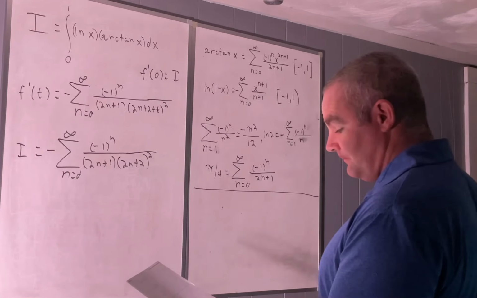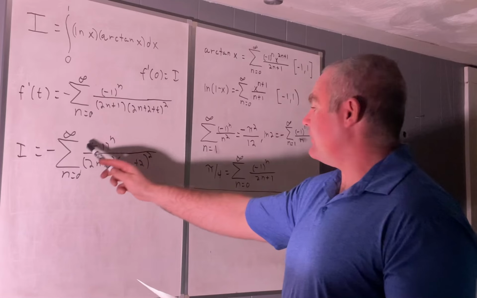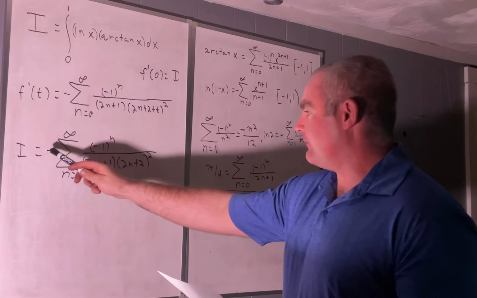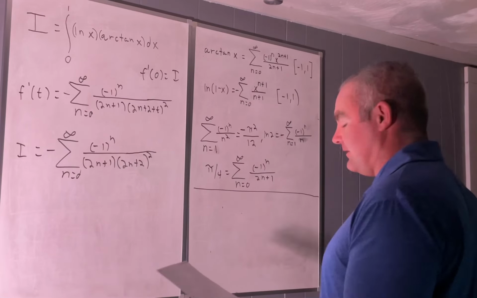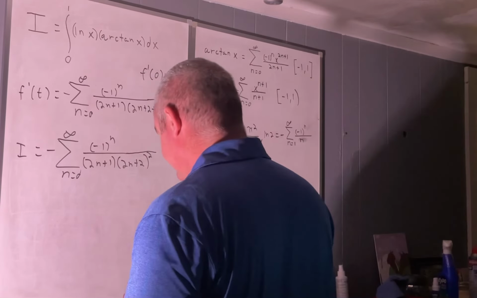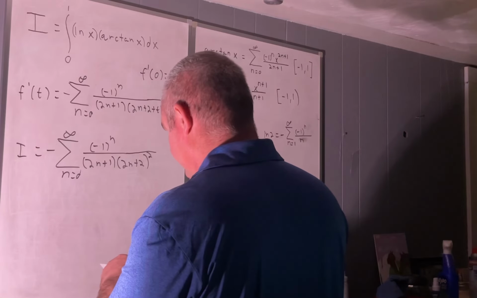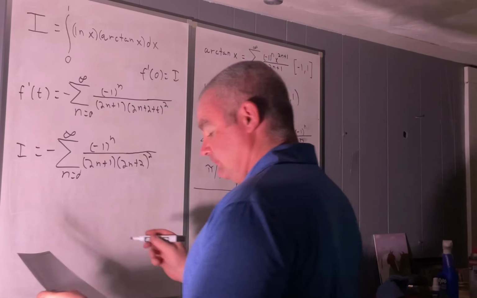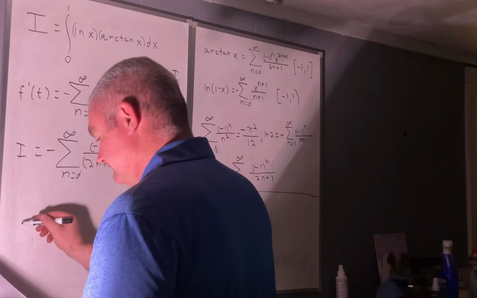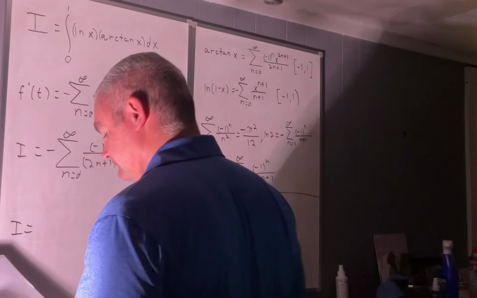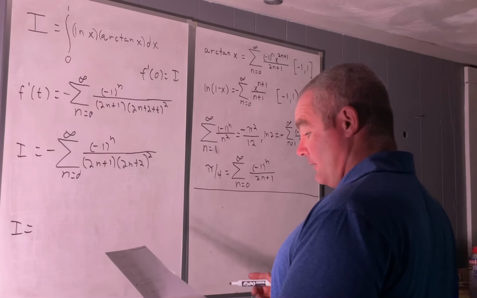So finally, when we perform partial fraction decomposition on this and factor in the negative sign, we will get this. I is equal to, okay, let's see.